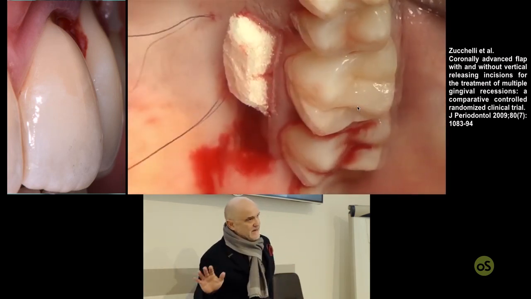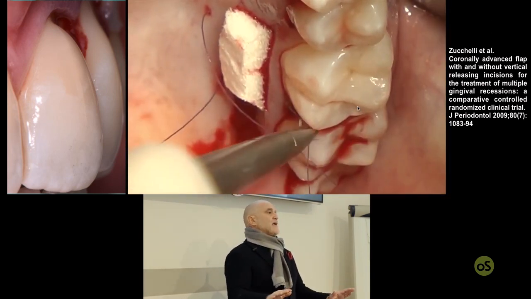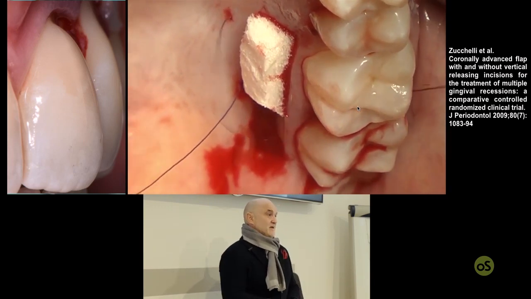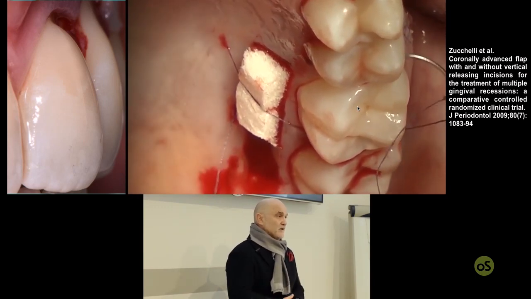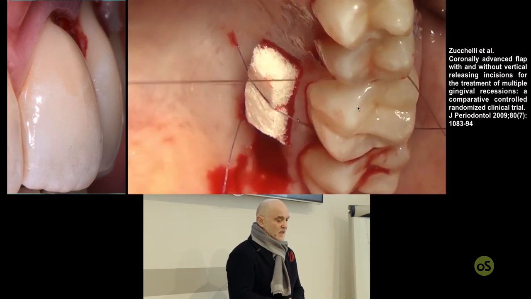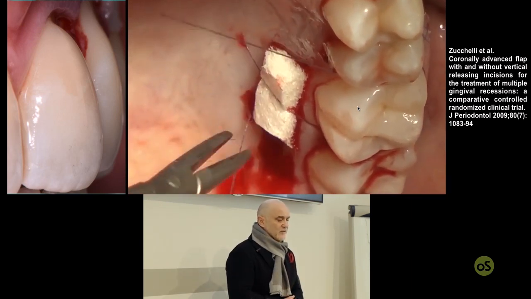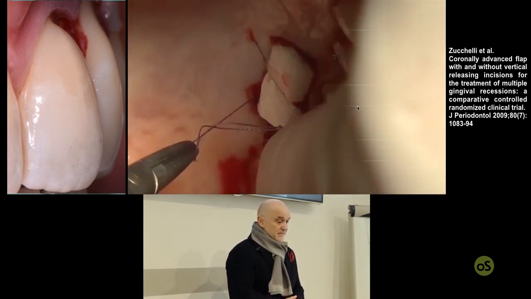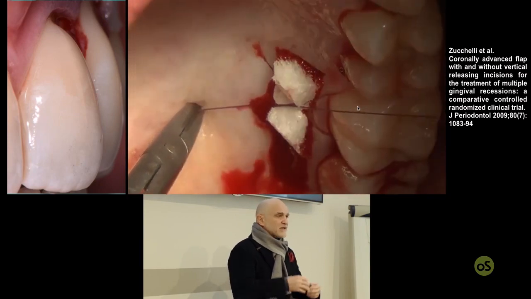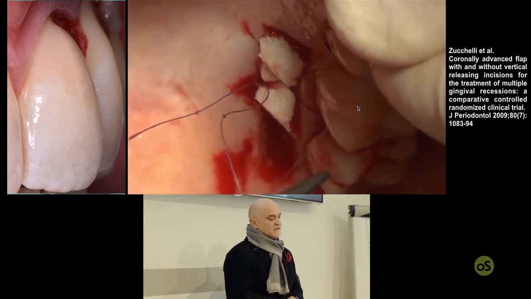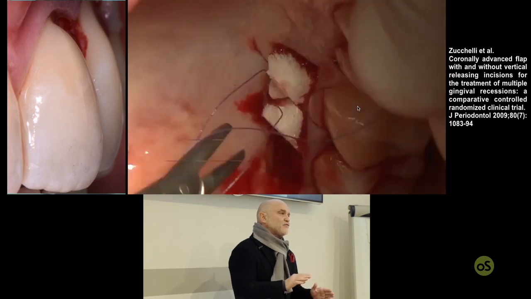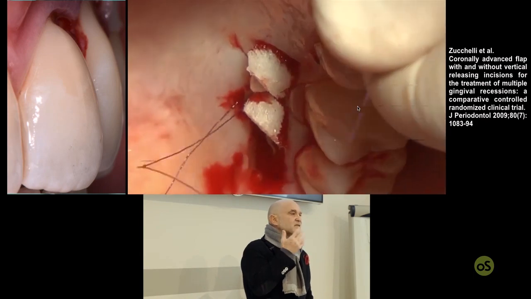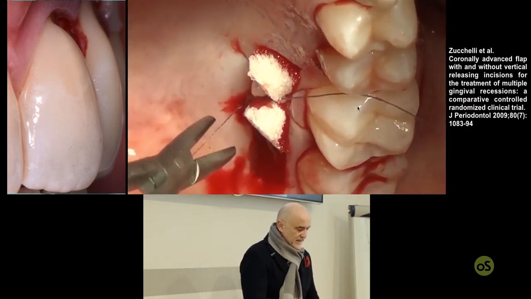Now the buccal flap is closed, so we can take our time to close the palate. Most of the bleeding is completely solved, so we can use our collagen sponge, which is stabilized with a horizontal mattress suture, starting from distal to mesial, apical to the collagen sponge, and it's crossed above the collagen sponge in order to stabilize it and to reduce the risk of destabilization of the blood clot if the patient touched this area with the tongue in the very, very first healing period.